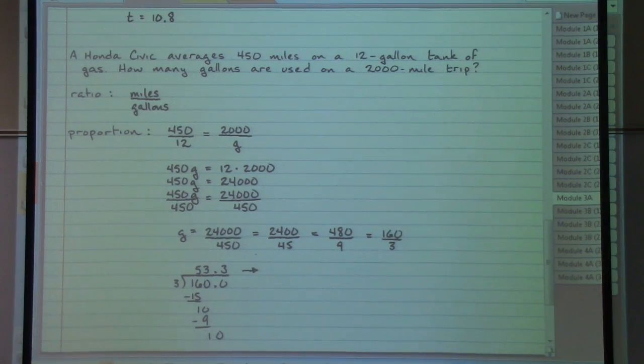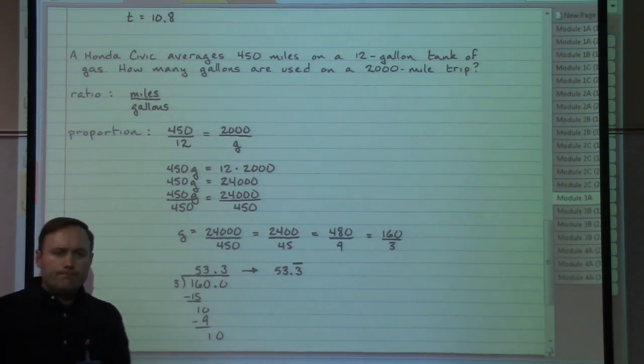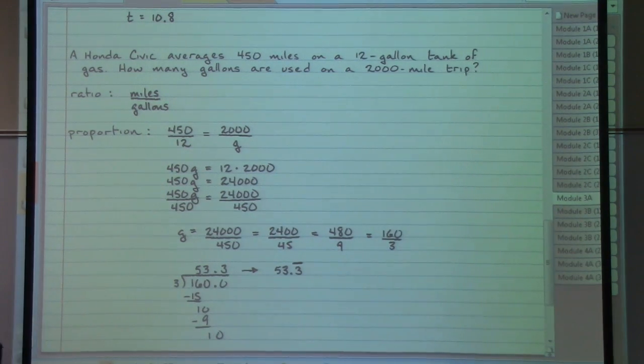So what we seem to have going on here is going to be a repeating decimal where it's the 3 that ends up repeating.